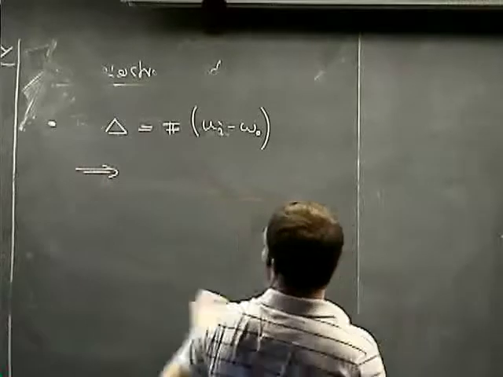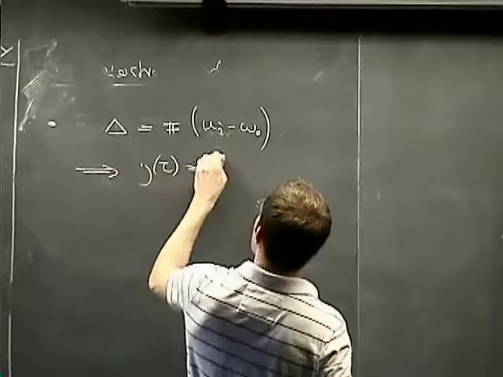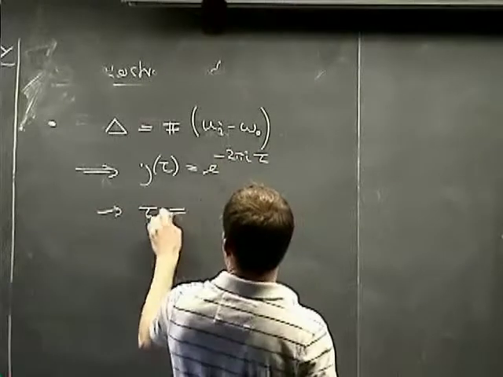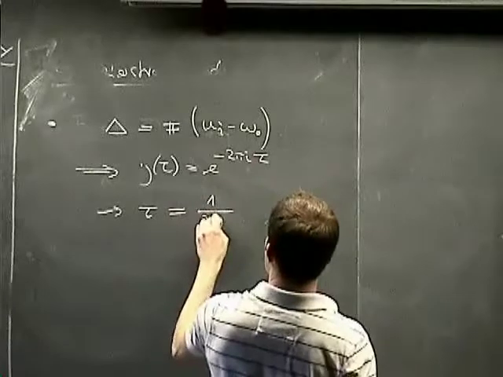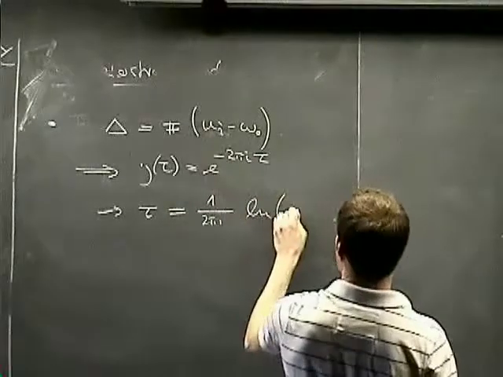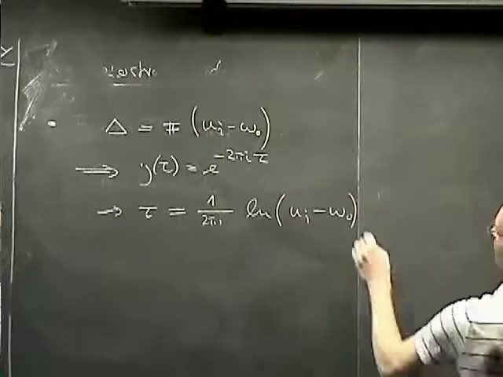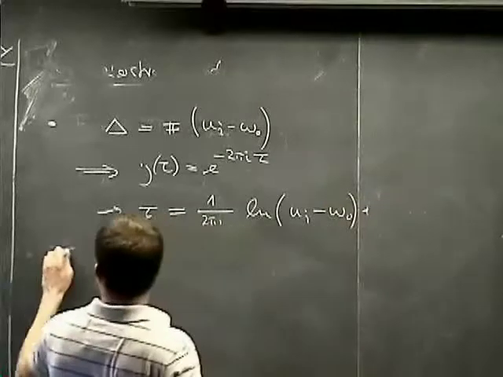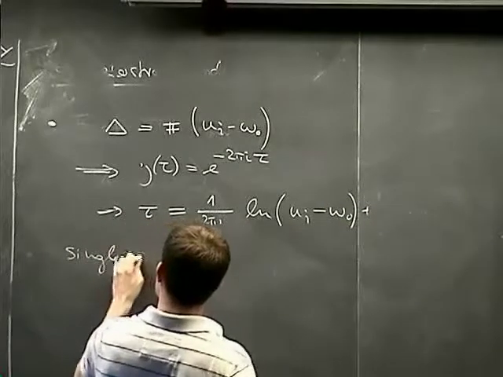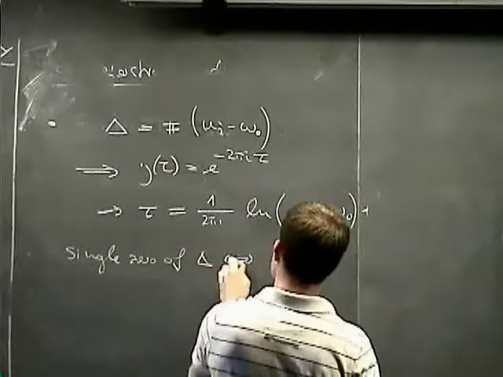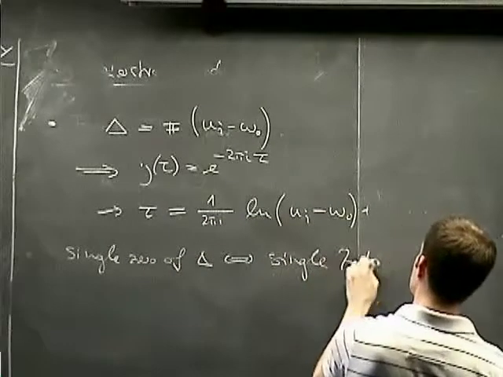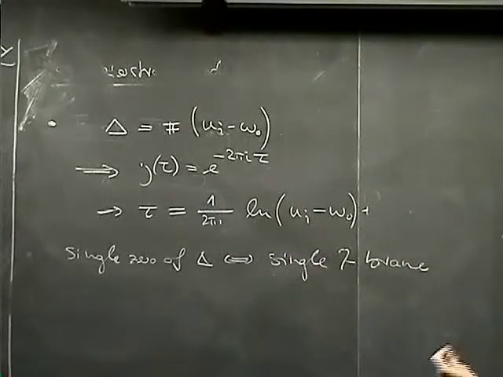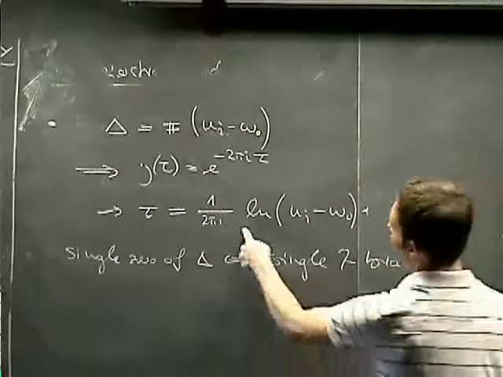Then by inverting j of tau equals minus 2 pi I tau, we can see that tau goes like 1 over 2 pi I times the ln of ui minus omega 0, plus higher terms. So a single zero of delta means a single 7 brane. Because this was the behavior for one single 7 brane. We encircle once and we just pick up a monodromy of once.